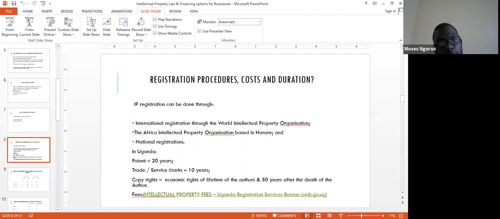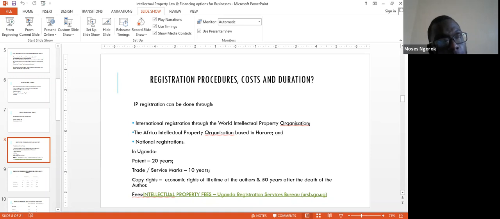Then also, there's a similar organization in Africa, in case you want to limit your operations to Africa: the African Regional Intellectual Property Organization, ARIPO, which is based in Harare, does registration.